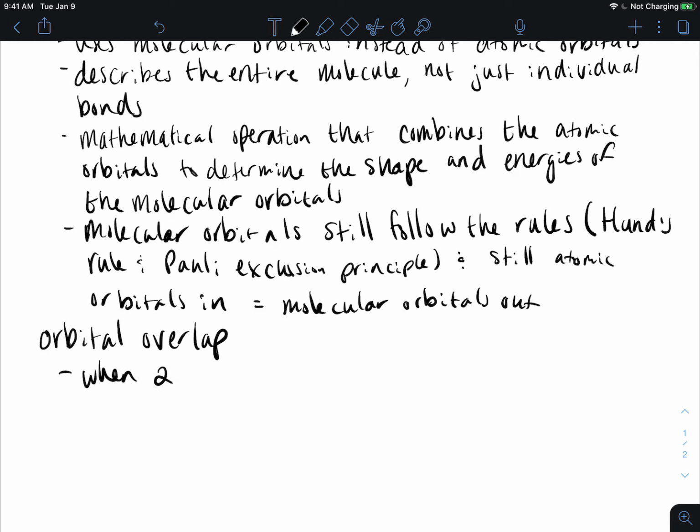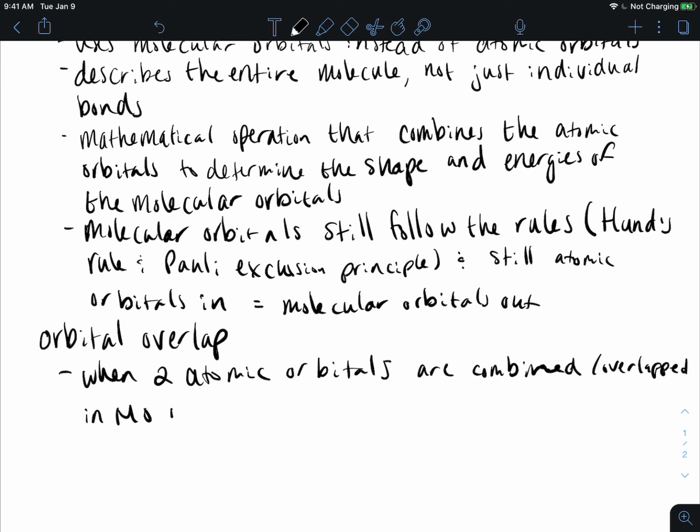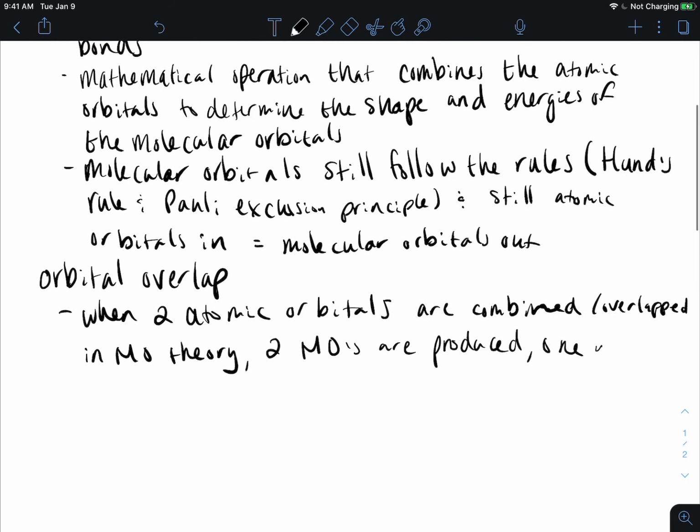When two atomic orbitals are combined or overlapped in MO theory, two molecular orbitals are produced, one with lower energy, one with higher energy.